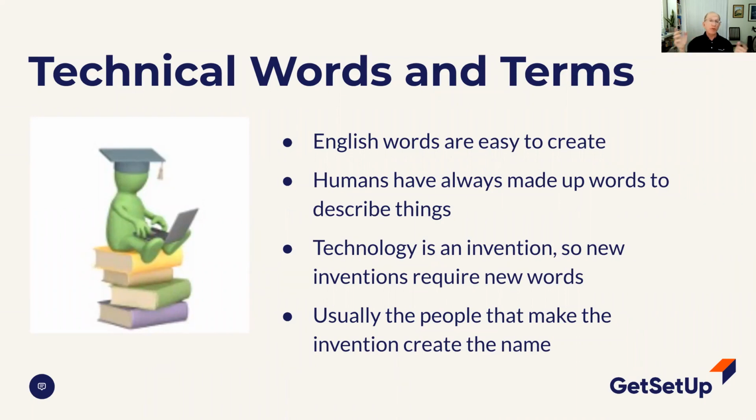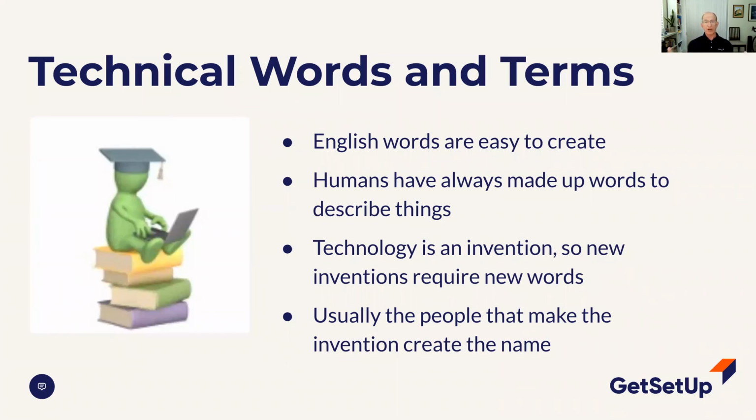As soon as we human beings have invented something, like the wheel or fire, we have to come up with names for those things, right? Technology is a human invention, and all these inventions require new words all the time, and it's not going to stop.